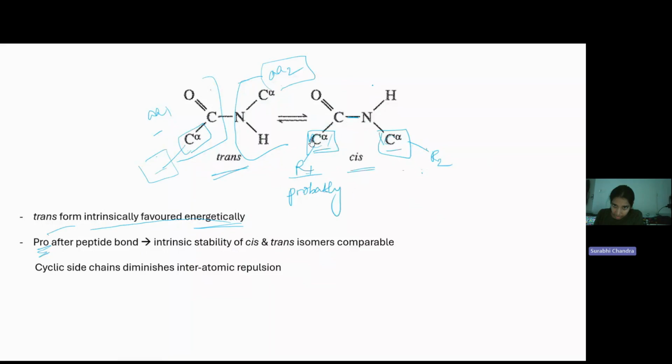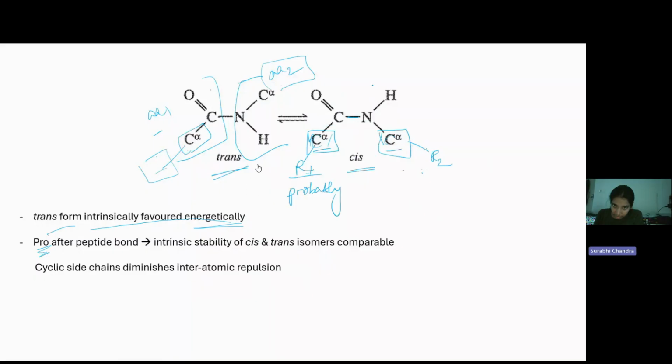Just imagine, it's not only C alpha. There are R groups attached to it, bulky groups attached to it, right? So on the same side of the peptide bond, you will have more steric repulsion. However, when we talk about proline, if you remember, proline had a heterocyclic ring here. It didn't have free NH2 and free COOH groups like this. The NH was actually inside a heterocyclic ring.